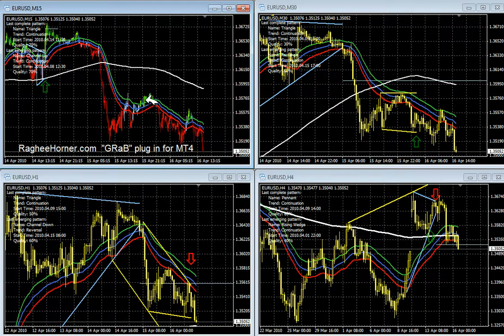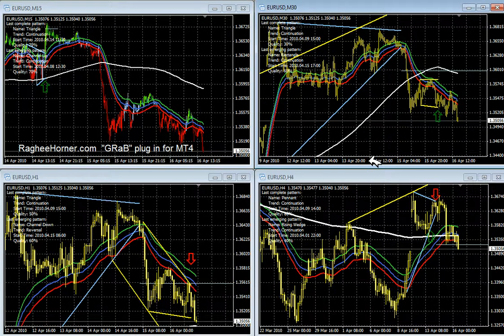Neutral being blue, bullish being green, of course, bearish being red. So that's what the Grab does for me. I think it's just an interesting way to look at candlesticks as they are interpreted with their relationship to my 34 period EMA wave.